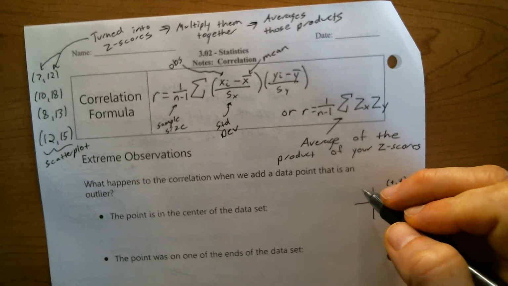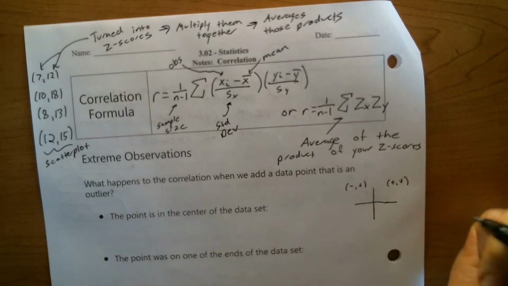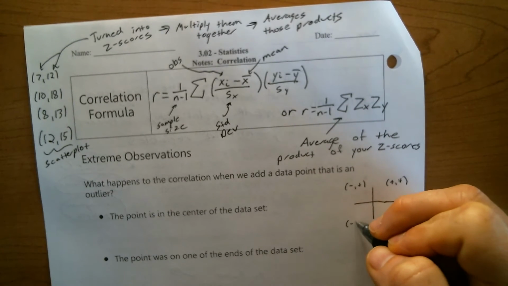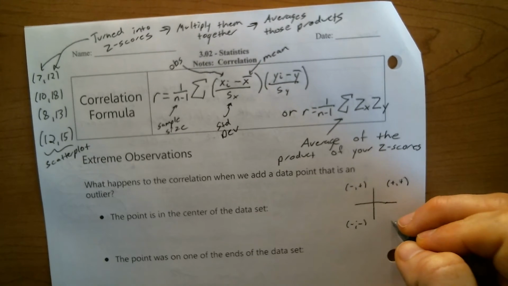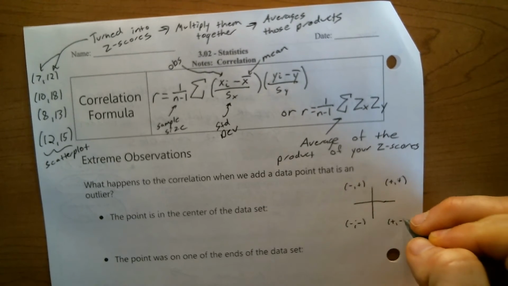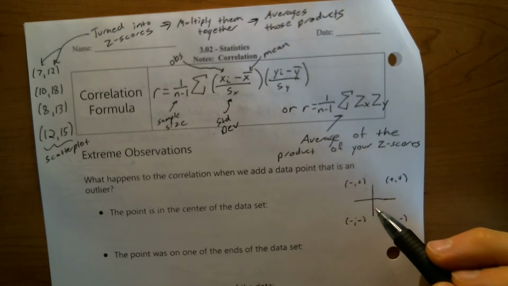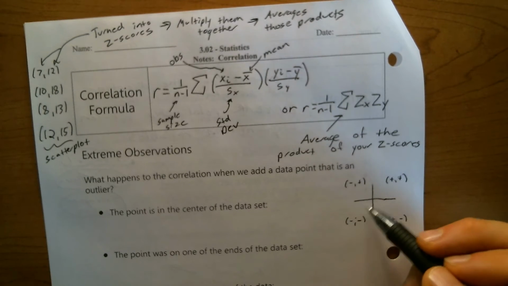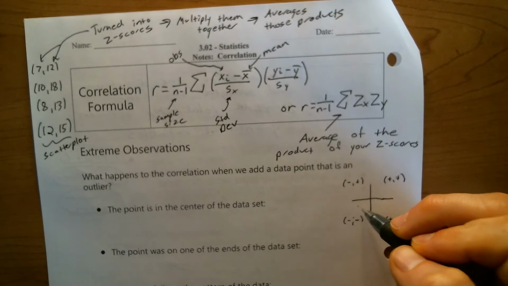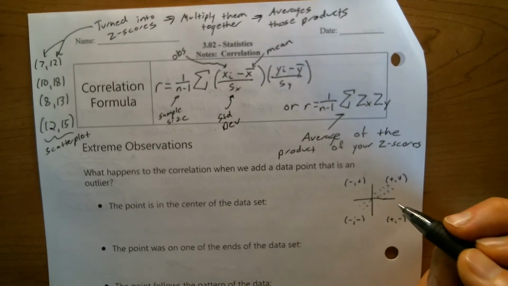In quadrant 2, the X is negative and the Y is positive. Down here they're both negative, and over here the X is positive and the Y is negative. When the points are moving in a positive direction, we end up with a positive correlation. So points like this would end up with a positive correlation.